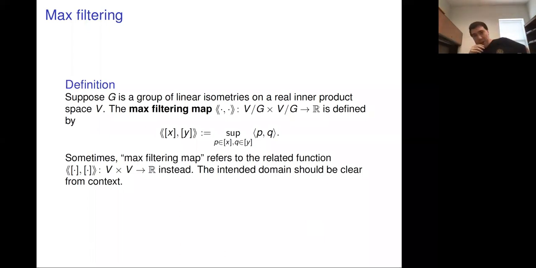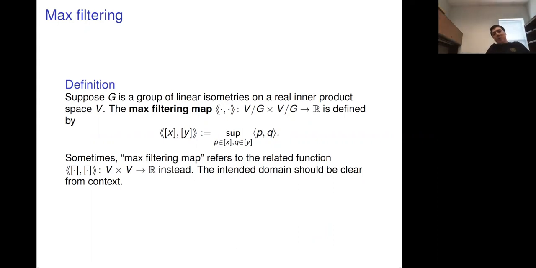Then we define this max filtering map: if you take the max filter between the orbit of X and the orbit of Y, what that means is you take the supremum of the inner products amongst all vectors in the orbit of X with all vectors in the orbit of Y. And this last sentence here is just pointing out this ambiguity, whether you think of it as a function on the orbit or as a function on the vector itself. We're not going to bother making that distinction.